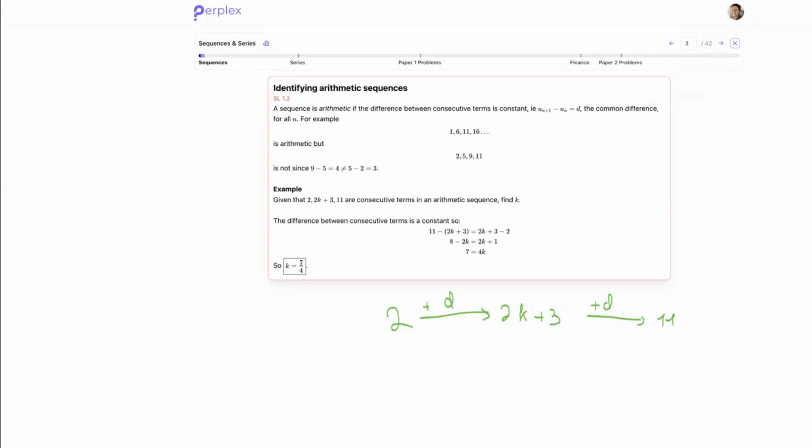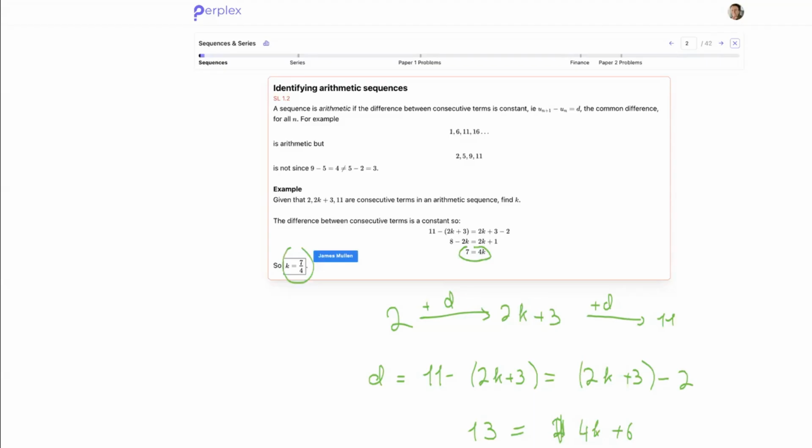And if I added d, that means I can isolate d by doing 11 minus (2k plus 3). And that should be the same thing as (2k plus 3) minus 2. Okay? And if I rearrange all of this, I'm going to get 13 is equal to 4k plus 6. And that's going to give you 7 equals 4k, k equals 7 over 4.